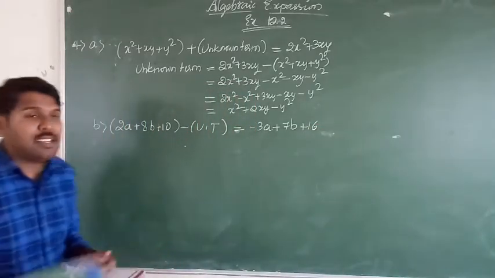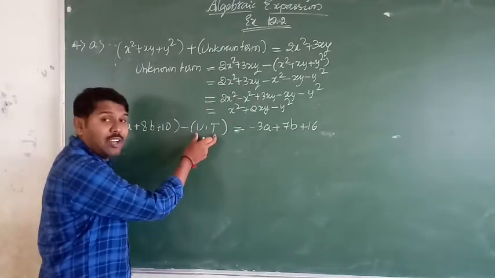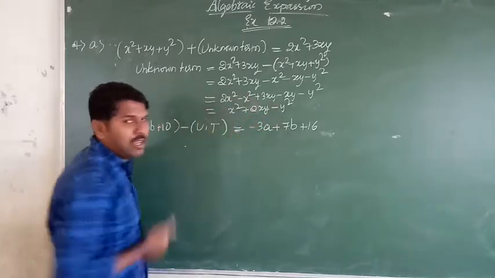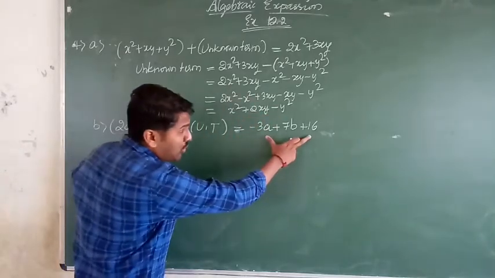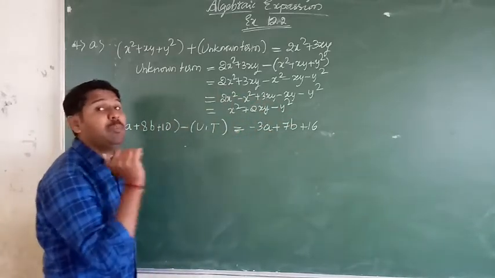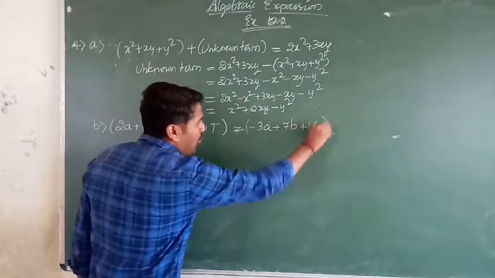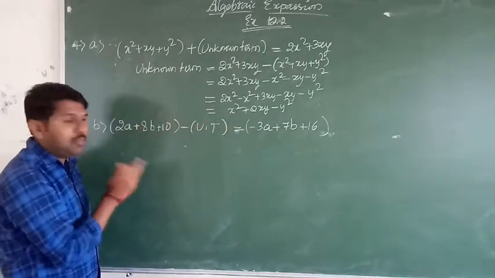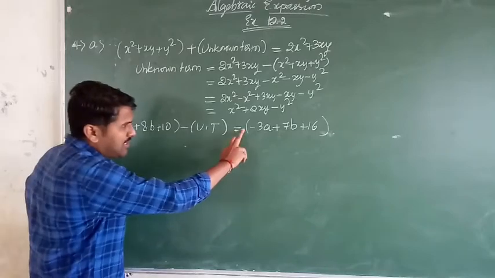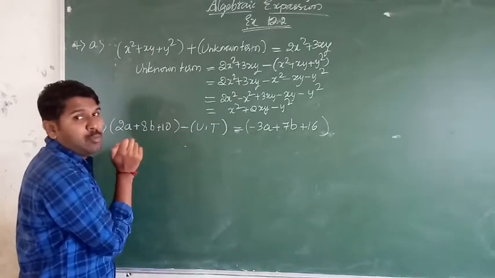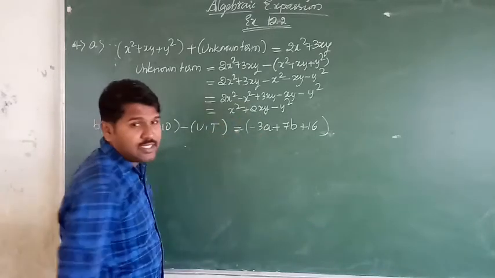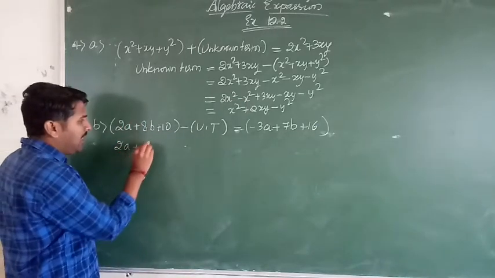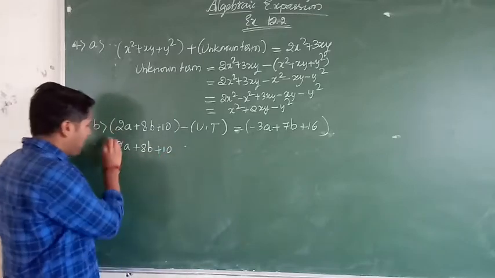You want the unknown term, but it has a minus sign. So shift it to the right side and shift this whole term to the left side. The sign will be changed: where plus is there, it becomes minus, and where minus is there, it gets changed to plus.